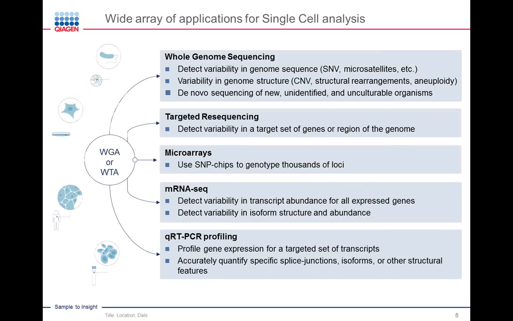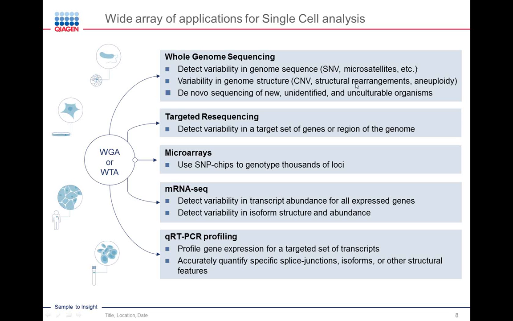So there are a wide variety of applications for single cell analysis. Pretty much any molecular biology method you can think of that you can apply to a bulk sample, you can apply in some form to single cells. Really common ones are whole genome sequencing. If you want to detect variability from cell to cell in genome structure, either SNPs, indels, microsatellites.